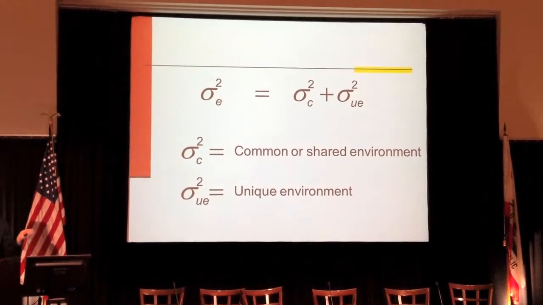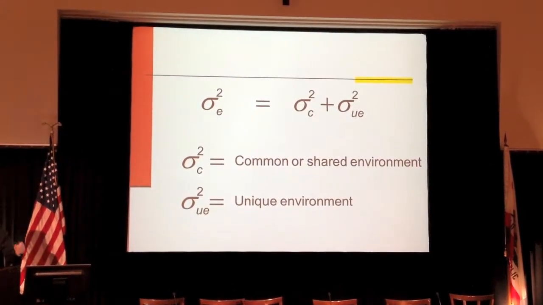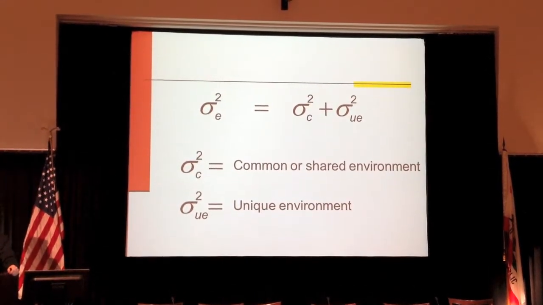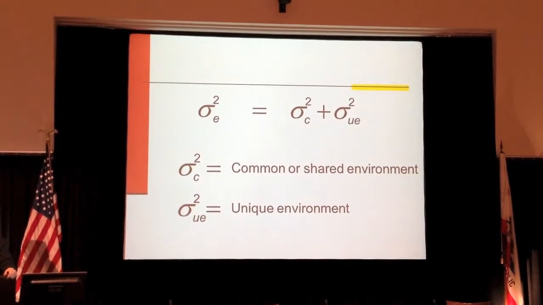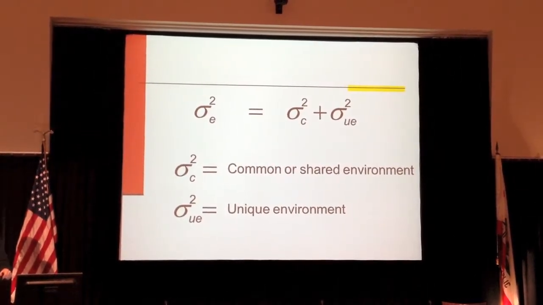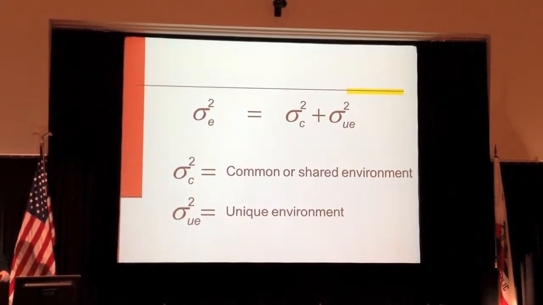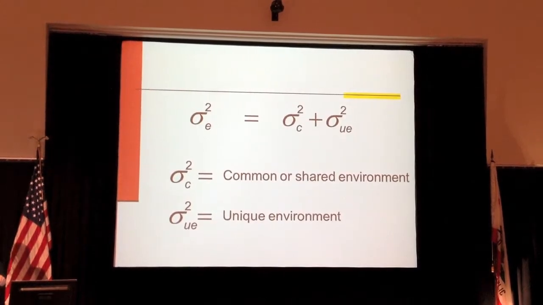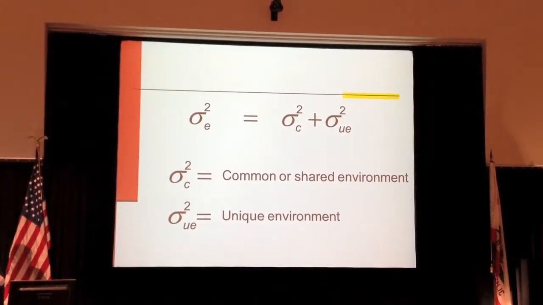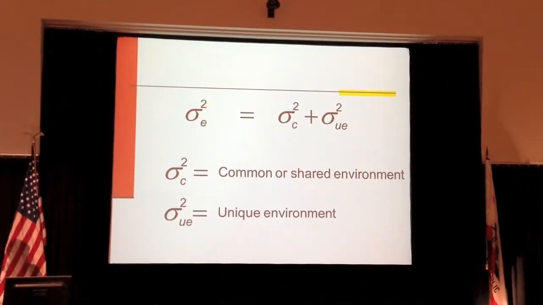Common or shared environmental variance is explained by the extra variable you put into your model that accounts for the family environment, or household environment. Now, this can be a very powerful approach when executed correctly. However, in most instances, that is not executed correctly.